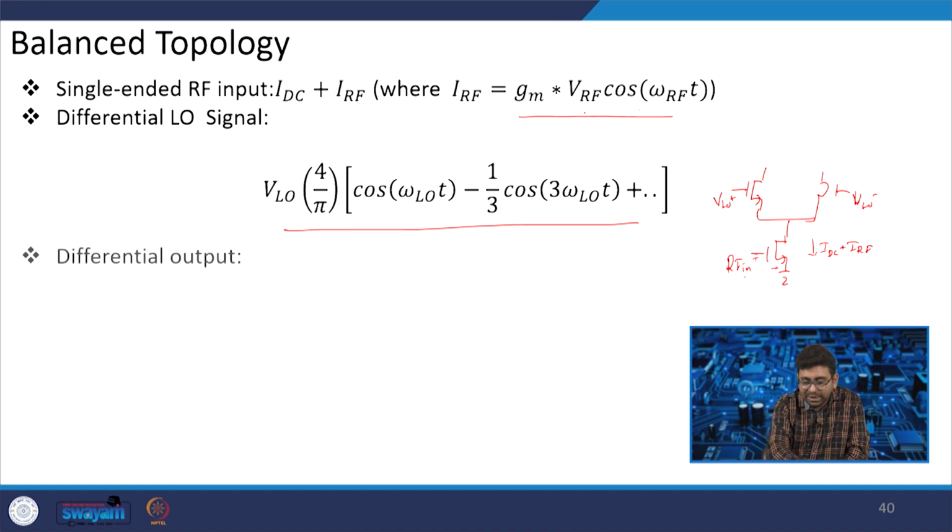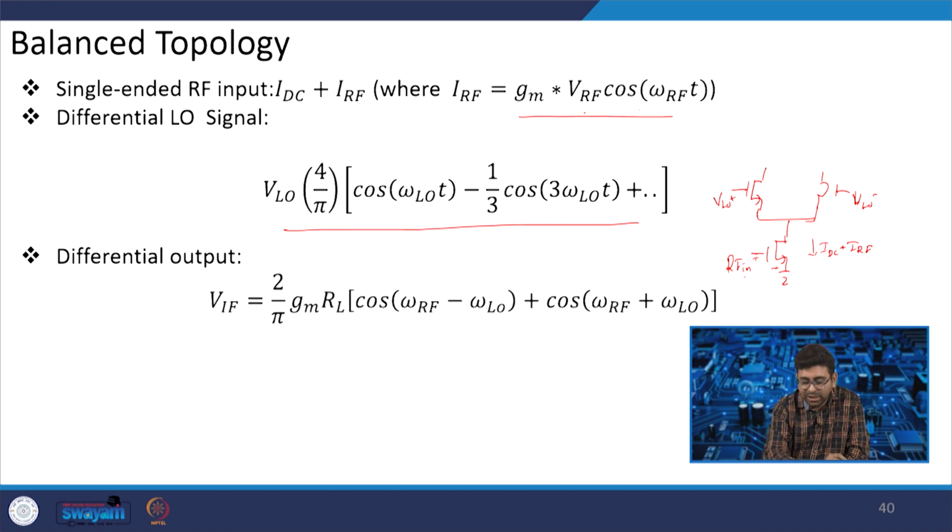Now you multiply this with the differential output, and what you will get is 2 by pi Gm into RL, because you have a load RL, times cos(omega_RF minus omega_LO)t, because it is by 2, this 4 by pi is converted into 2 by pi, plus cos(omega_RF plus omega_LO)t.